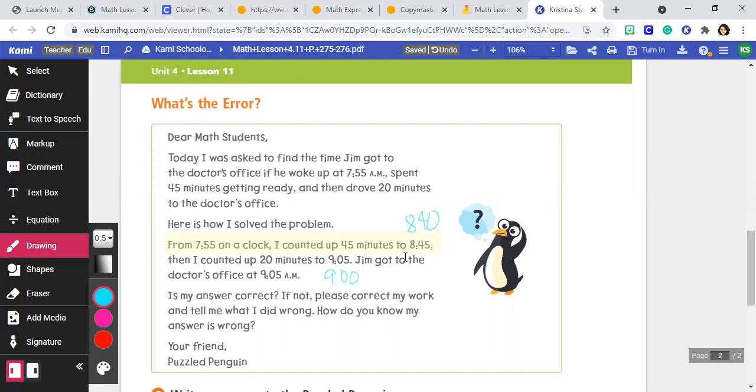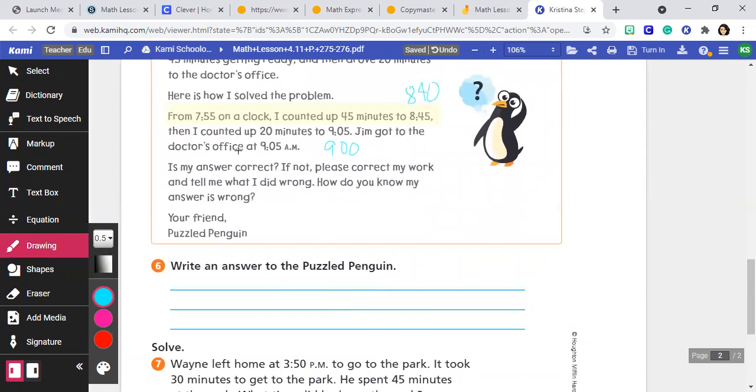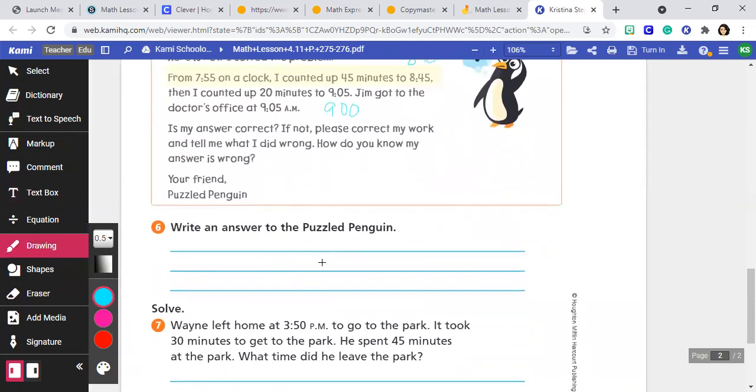He said Jim got to the doctor's office at 9:05, but I would say that he made a small mistake in the very beginning when he counted up 45 minutes. Jim didn't actually get to the doctor's office at 9:05. He got there at 9 o'clock a.m. Be sure to write Puzzled Penguin a polite answer to help him learn.